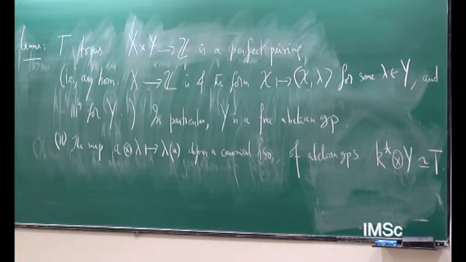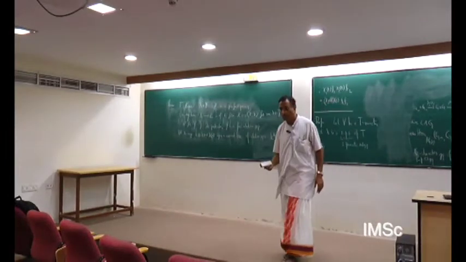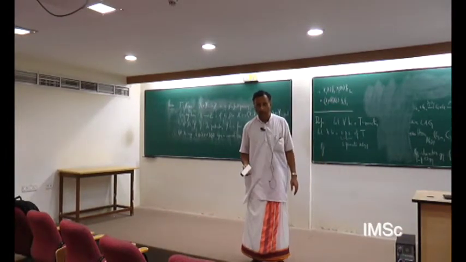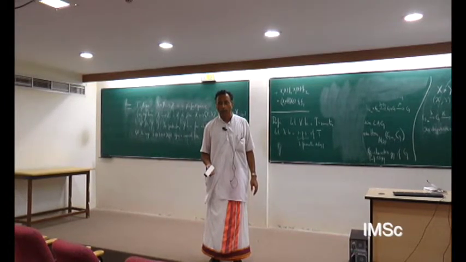Okay, so the pairing X cross Y to Z. So what kind of map is that? Given any chi and lambda, I can see how you get that element of Z.